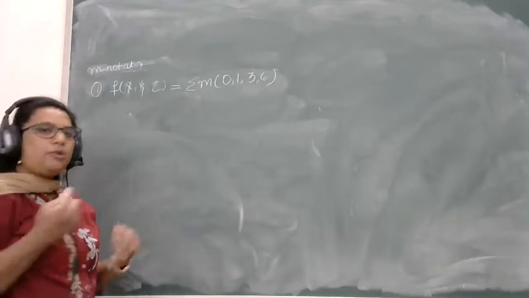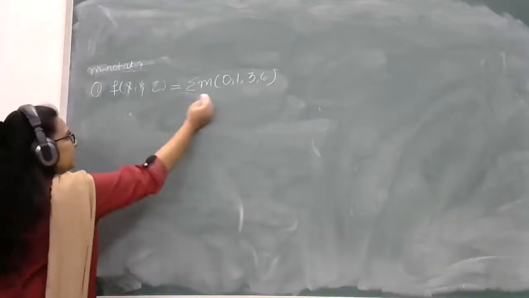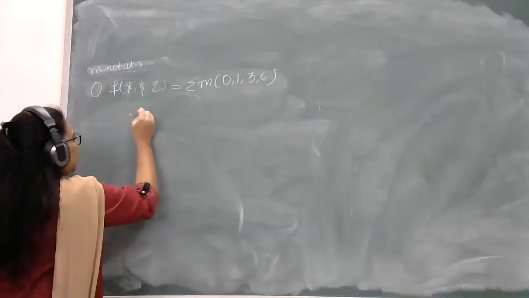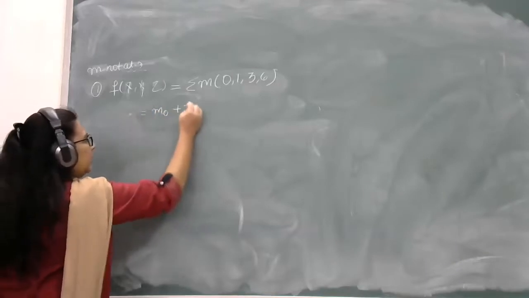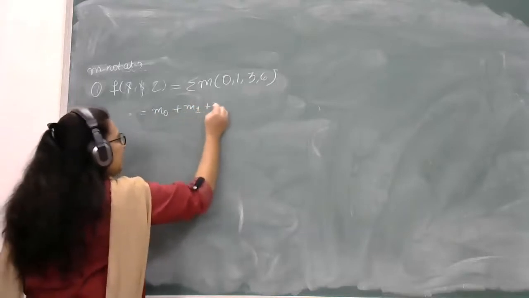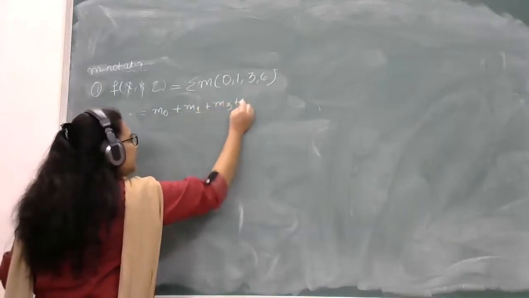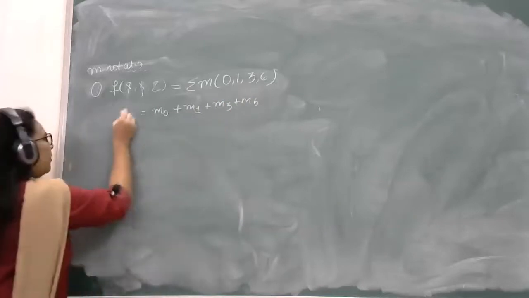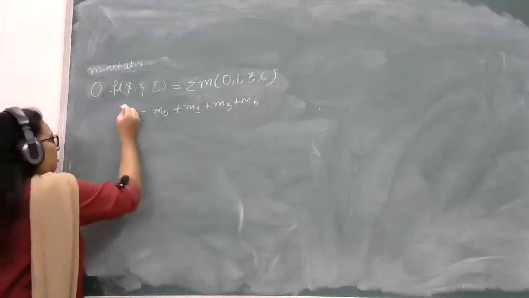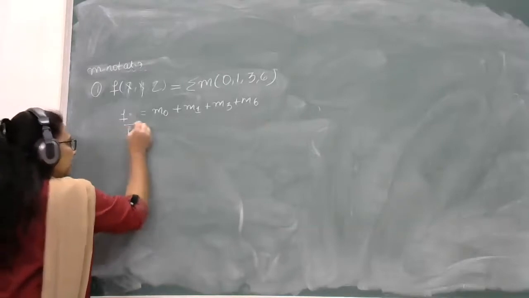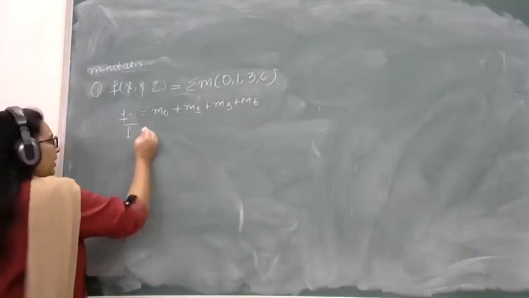Now what am I supposed to do? I have sigma m, which I can write as m of 0 plus m of 1 plus m of 3 plus m of 6. This is my function f. Now I take a complement of this function, so it becomes f bar.